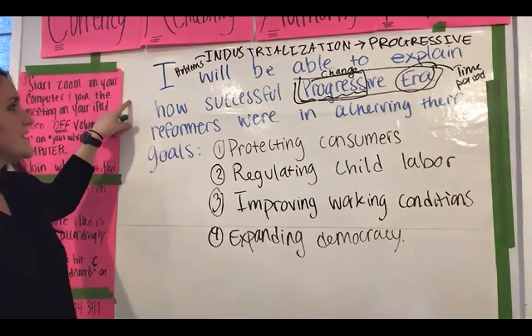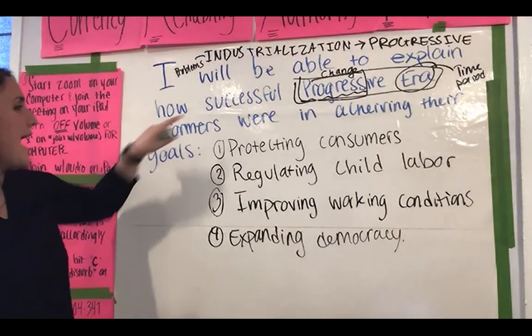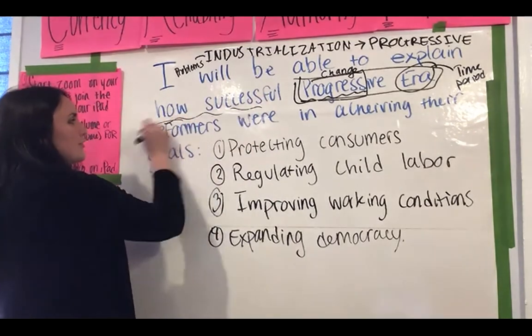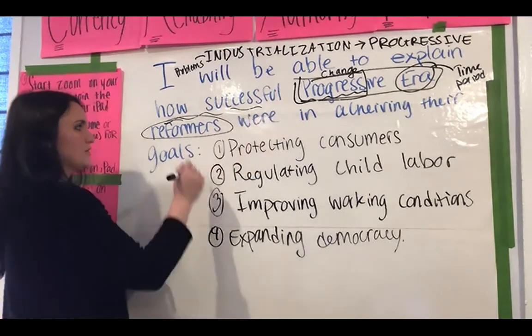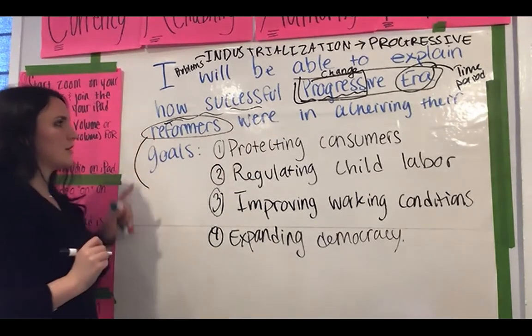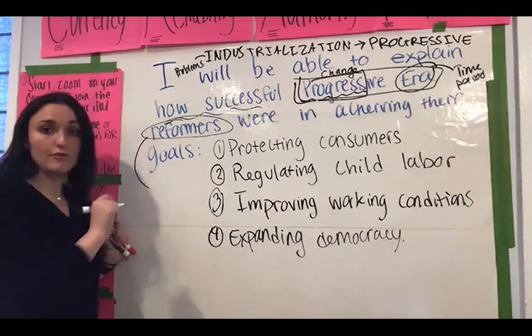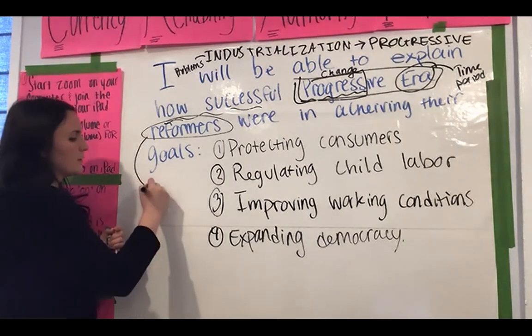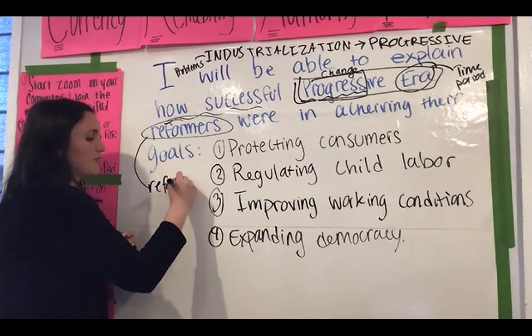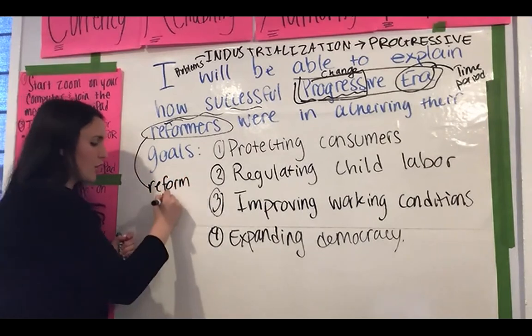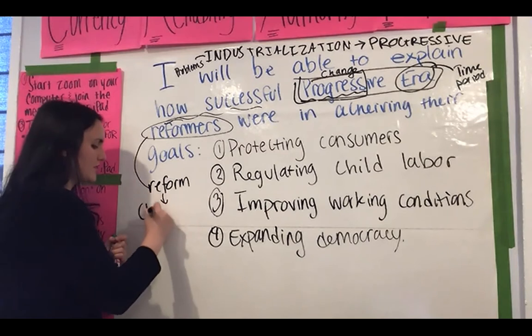We've been studying the progressive era, getting an introduction to it over the past couple of days. Today, we need to figure out how successful progressive era reformers were in achieving their goals. So let's look at this word reformers. Within reformers, you probably see the word reform. Reform, to reform something, means change.